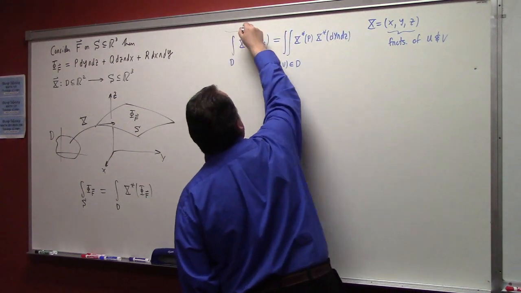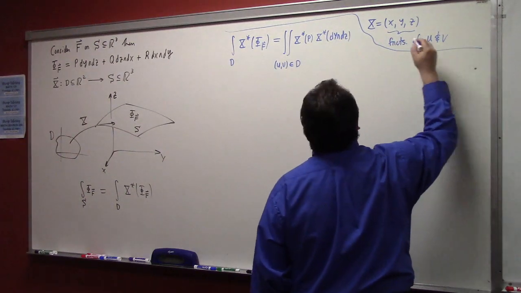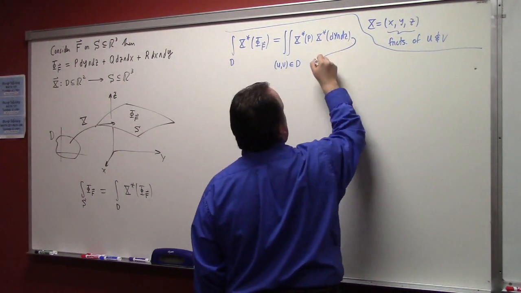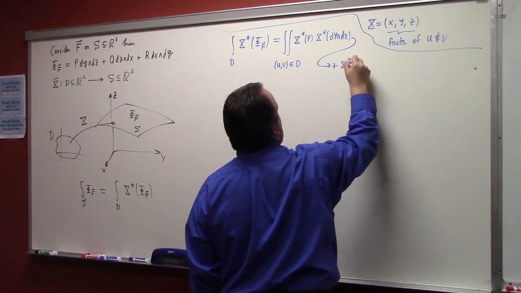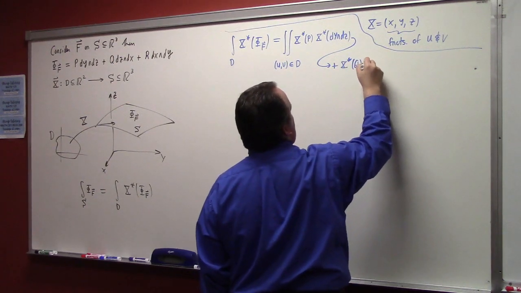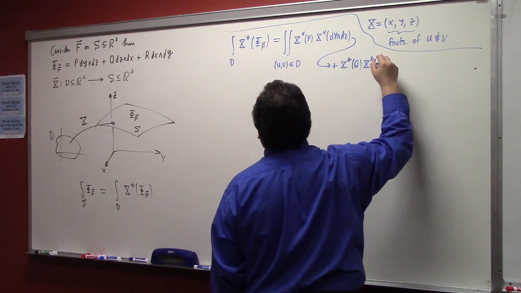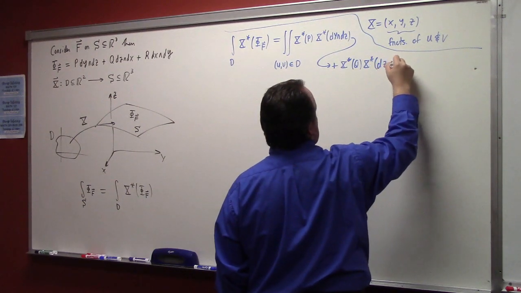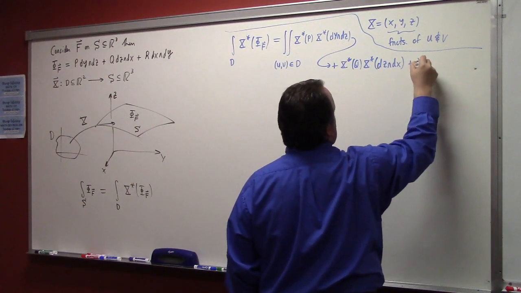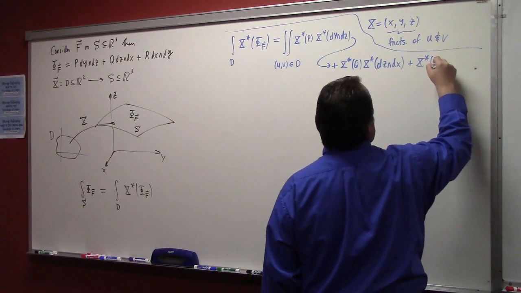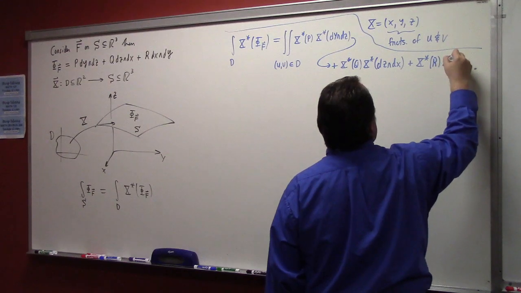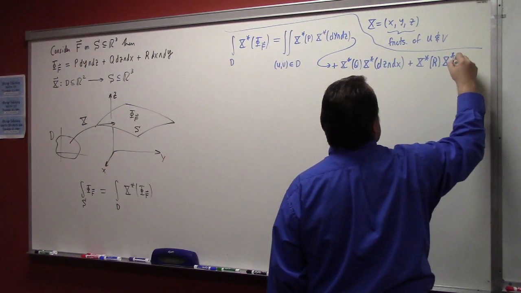Poor planning on my part. Plus the pullback of Q times the pullback of dz wedge dx, right? Plus the pullback under the patch of R times the pullback of dx wedge dy, right?